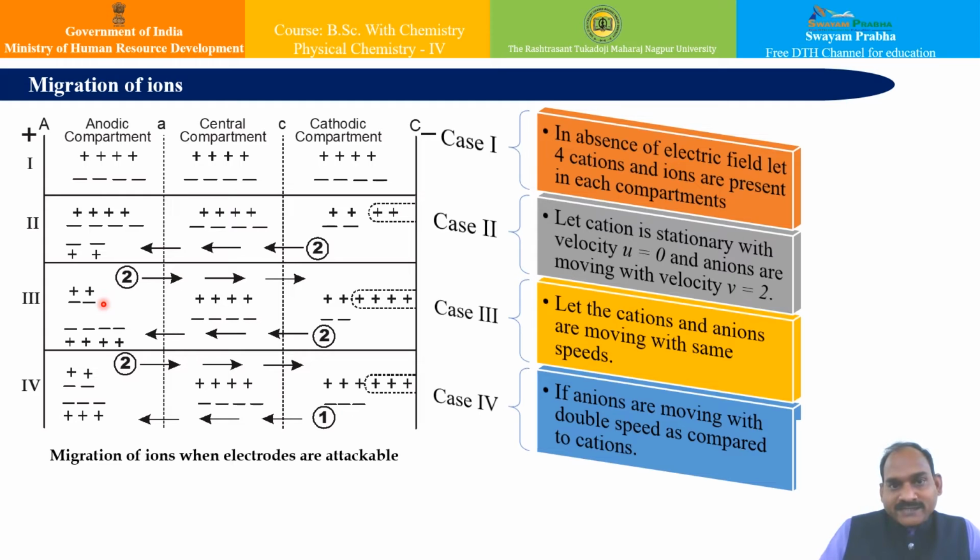Another case is the fourth case, wherein the anions are moving with double the speed of the cation, that is, U is equal to 1 and V is equal to 2.